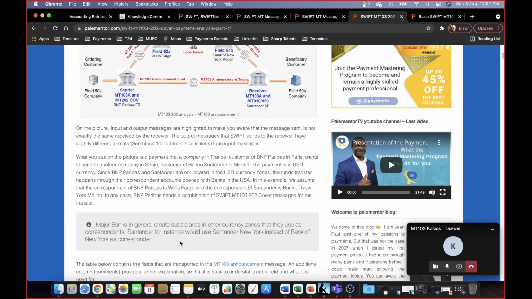Let us say only these three banks are involved: HDFC, SCB, and Chase. In the MT103 that HDFC sends, the receiver will be Chase, and the account with institution tag 57 will be JP Morgan Chase.